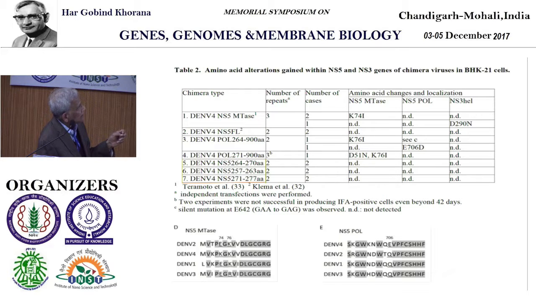In the second, one of the third experiment, we saw D290N, whereas in the case of polymerase, again K76I was generated, and then in the second experiment, E706 to aspartic acid was generated. So these adaptive mutations restored the replication fitness of the chimeric virus.